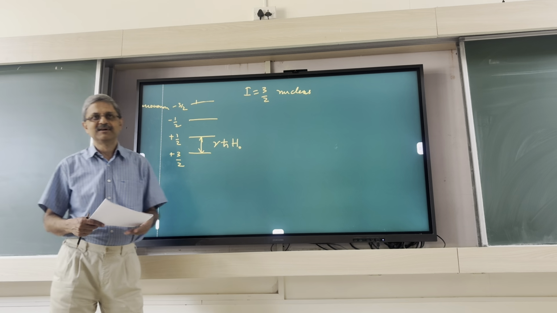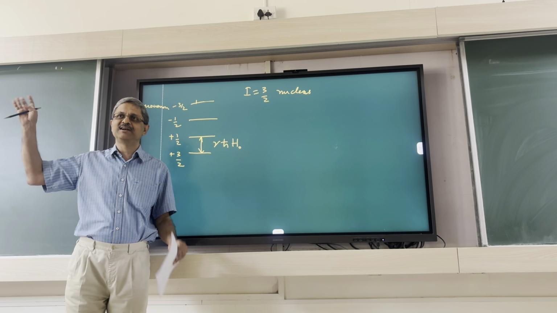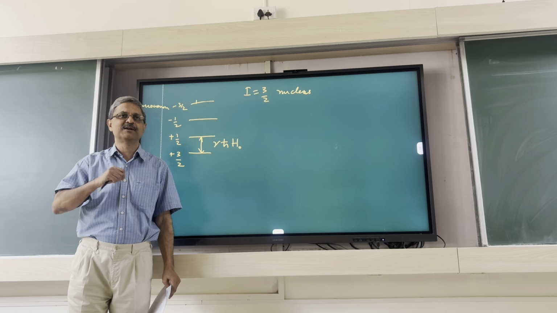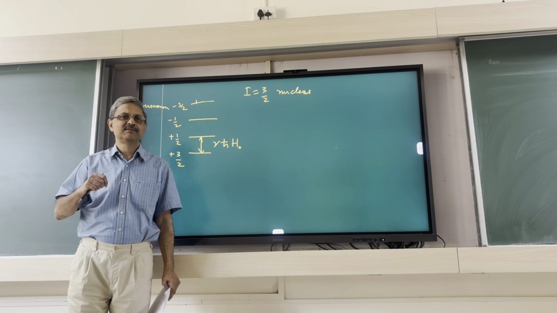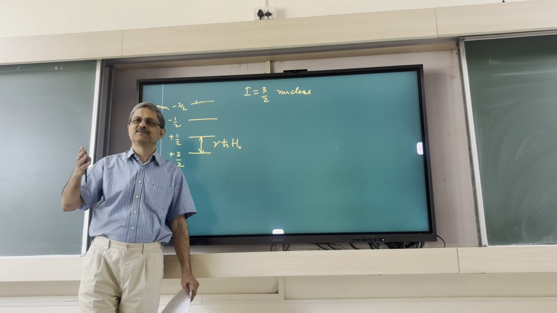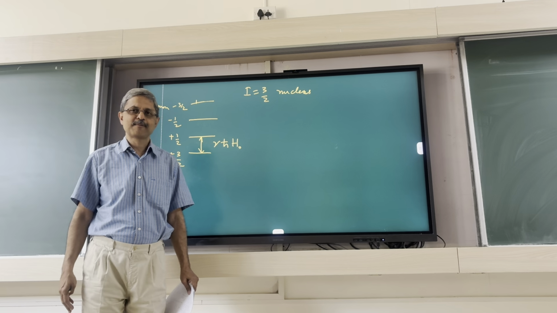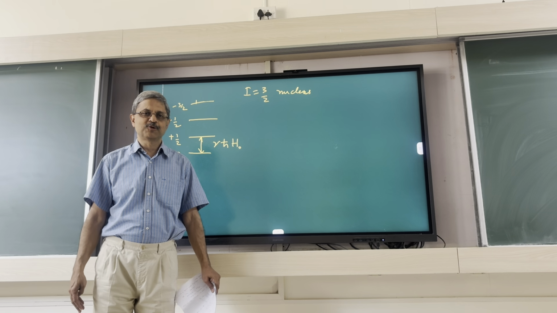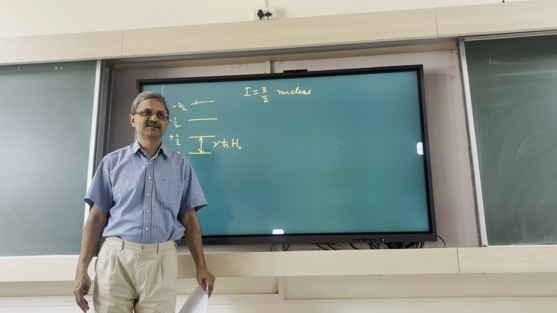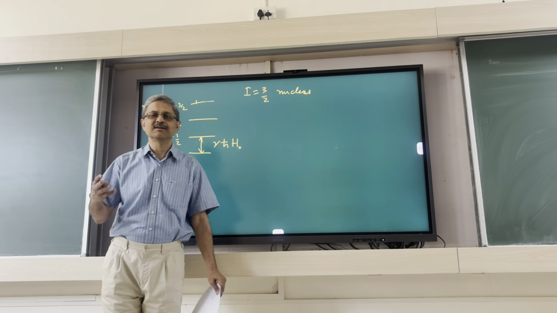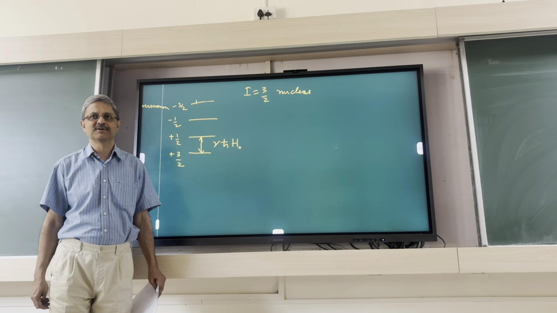In the institute, the highest field available for this kind of fixed field NMR is about 16 Tesla, which is 750 megahertz of proton resonance. Proton has 40 some megahertz per Tesla.